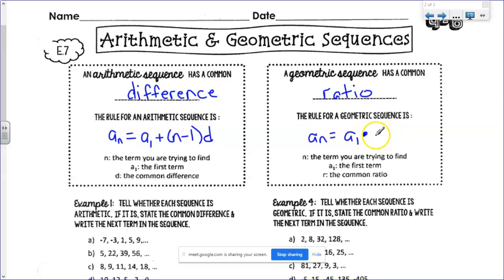Multiply. And then r to the n minus 1. This whole thing is being raised with that r. So instead of having a d, we have an r here. n is still the term you're trying to find. a subscript 1 is still the first term. And r is the common ratio. n minus 1, yes. Okay, so you must know these two formulas.